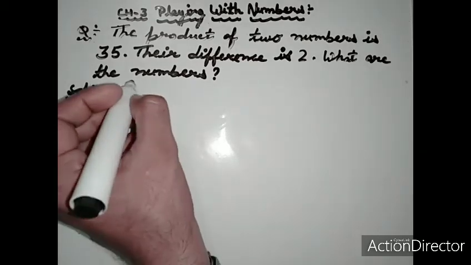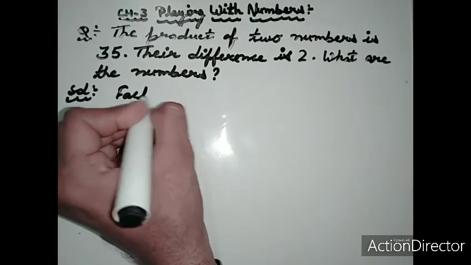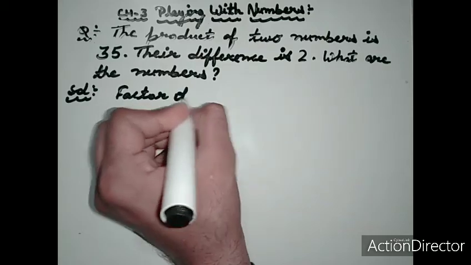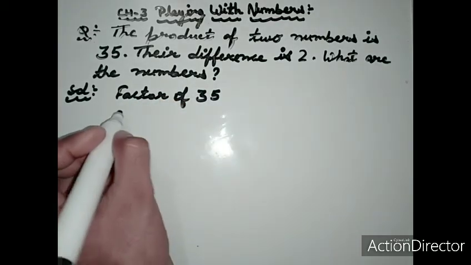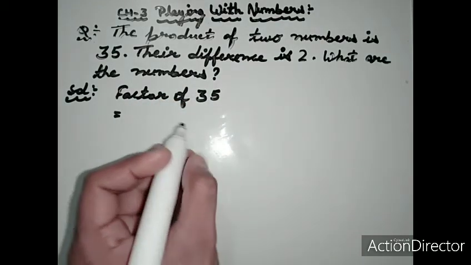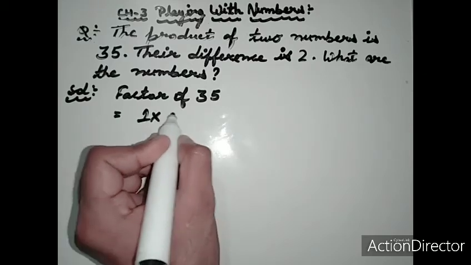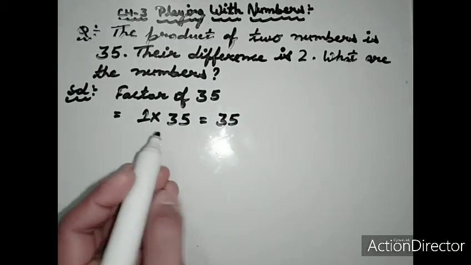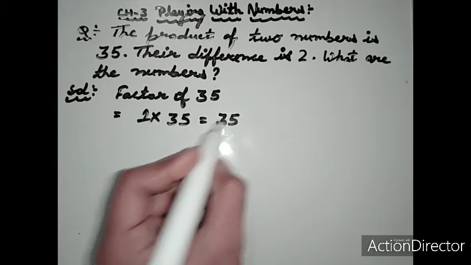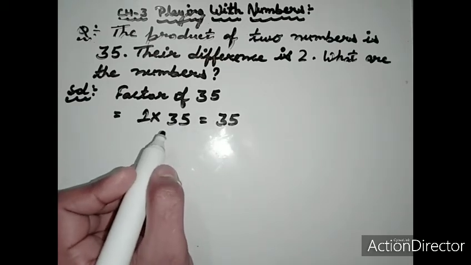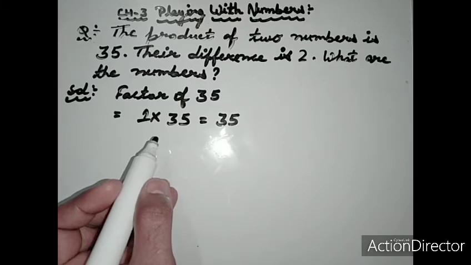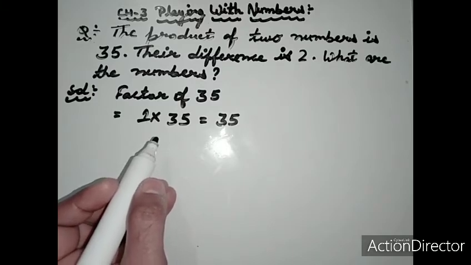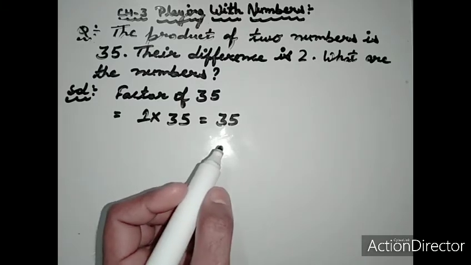So first we find the factors of 35. How do we find the factors of 35? Here 1 multiplied by 35 gives 35. Then we check 2. Is there any number which multiplied by 2 gives the product 35?